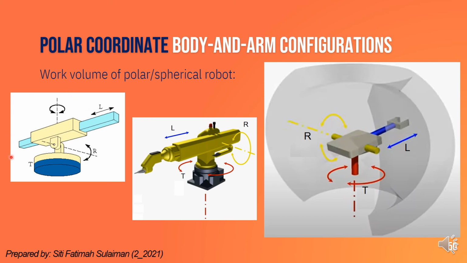Can you guess what shape of envelope it will produce? The polar coordinate robot produces this shape, a spherical work envelope. This is an example of a spherical work envelope produced by a polar or spherical robot.